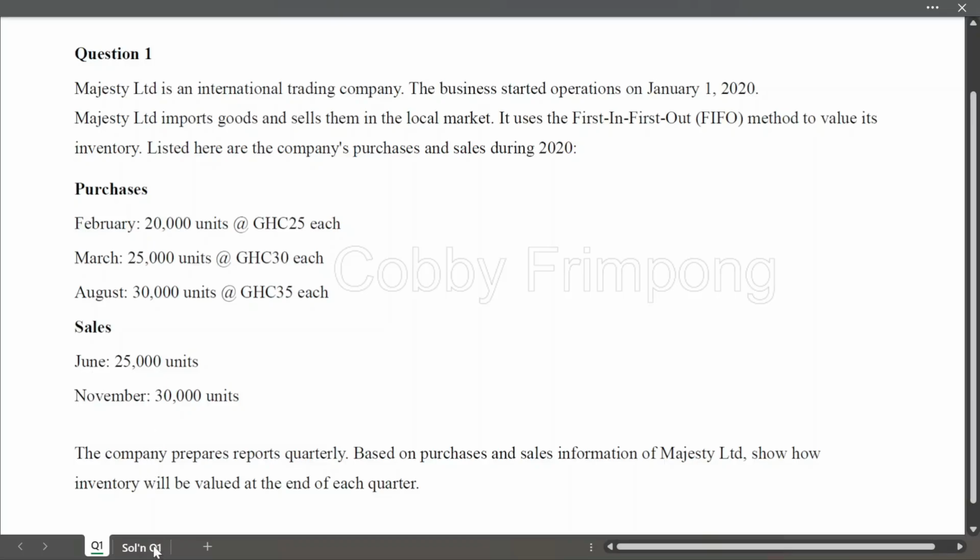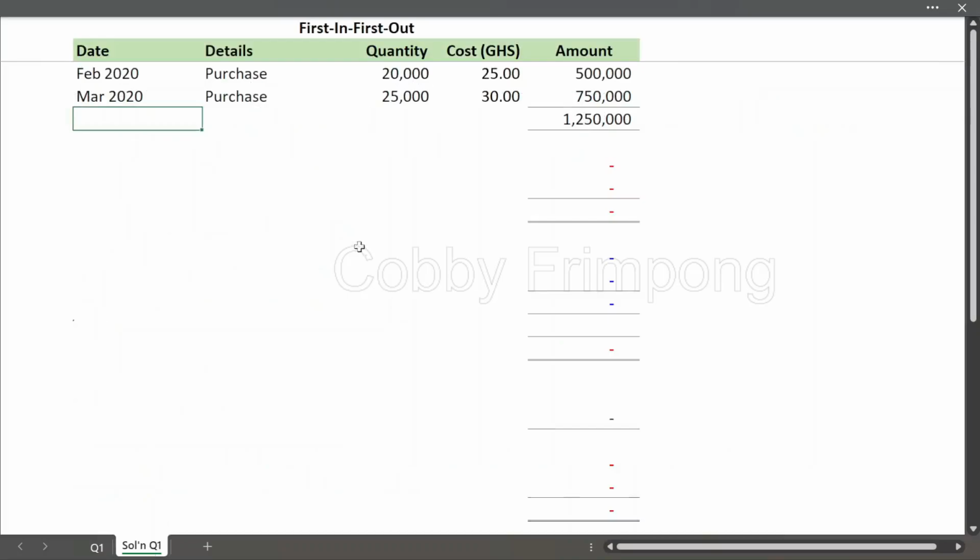So we need to value our inventory at the end of the first quarter, just as the question requested. The first quarter ends on March 31st, 2020. We have inventory valuation. Because this is the first in, first out method, we need to list the available inventory at their respective prices at the valuation date.